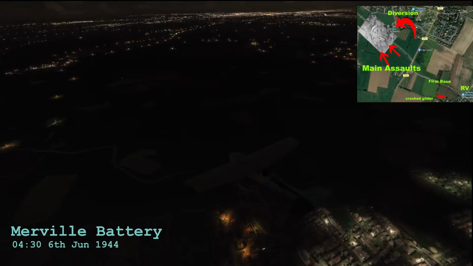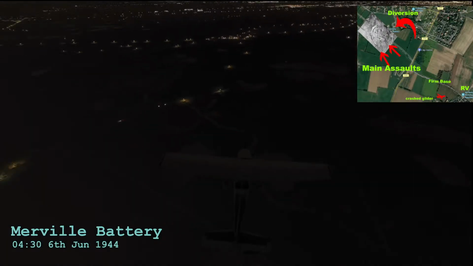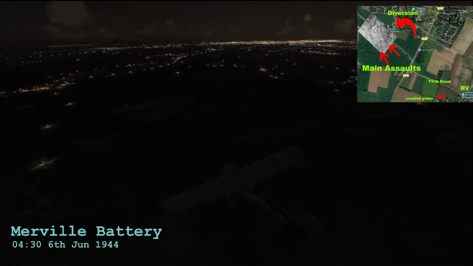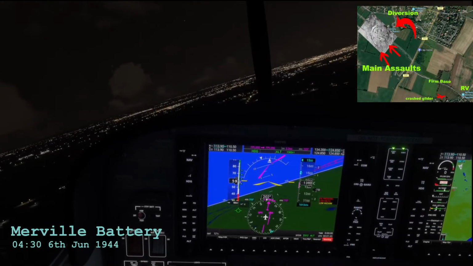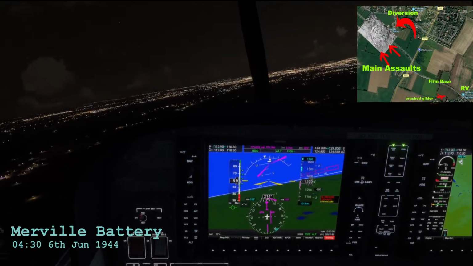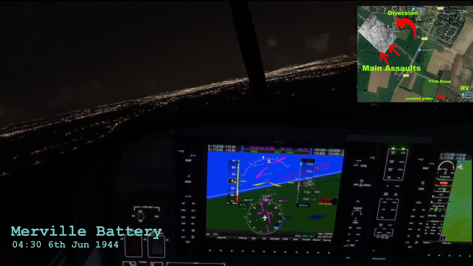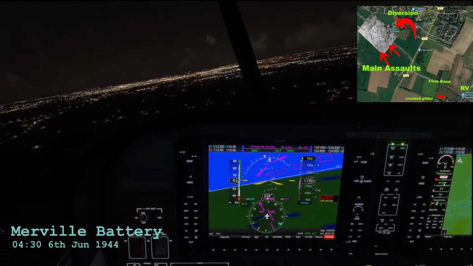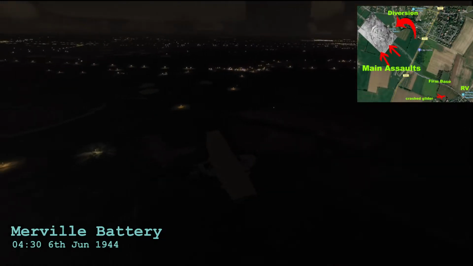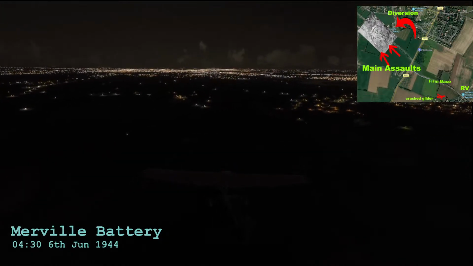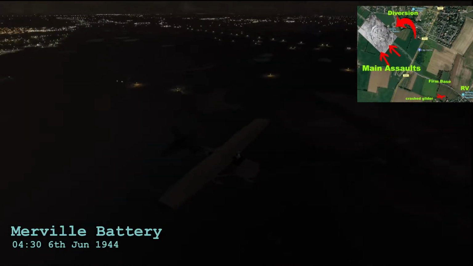Now, Otway says that at 4:30 he could see a glider circling above, trying to find the battery to land on, but because they didn't have any flares, they couldn't signal to the glider where their objective was. And this has got lights. I can't see where this thing is.